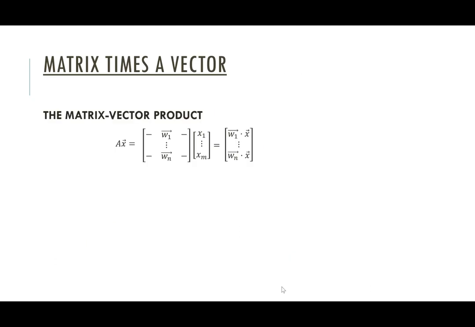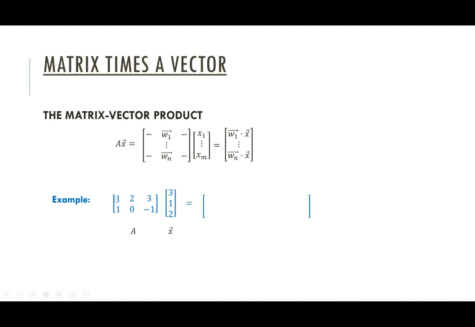So let's do an example. Suppose you have a 2 by 3 matrix, then the vector that we would multiply it by should be a vector with 3 components. So, matrix A, that'll be our vector X. And what is the product equal to?